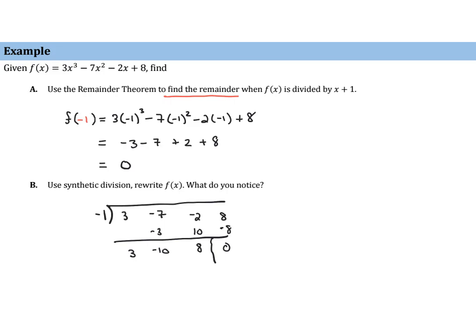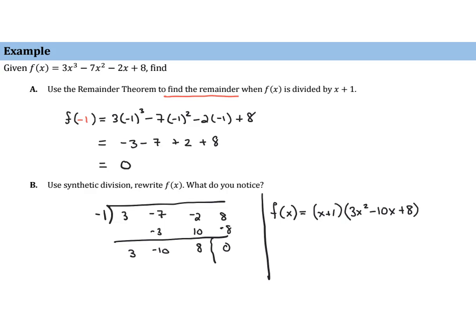Let's rewrite our function f of x. So we know that our function will be the divisor, x plus 1, times the quotient, which is 3x squared minus 10x plus 8, plus the remainder. But notice, the remainder is 0. So we don't need to include that. What we've done is we have seen x plus 1 is a factor of our polynomial.